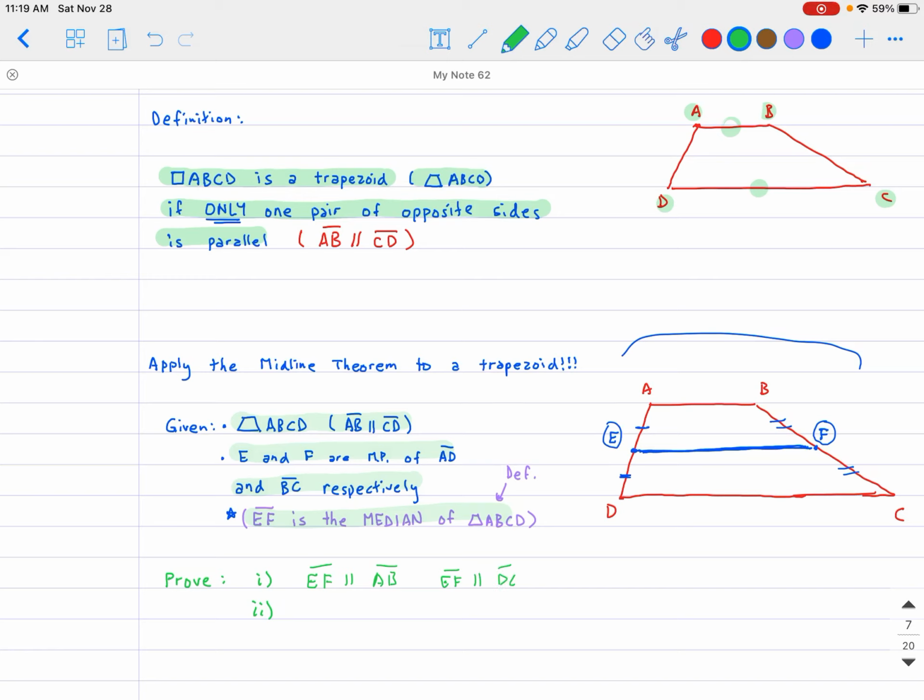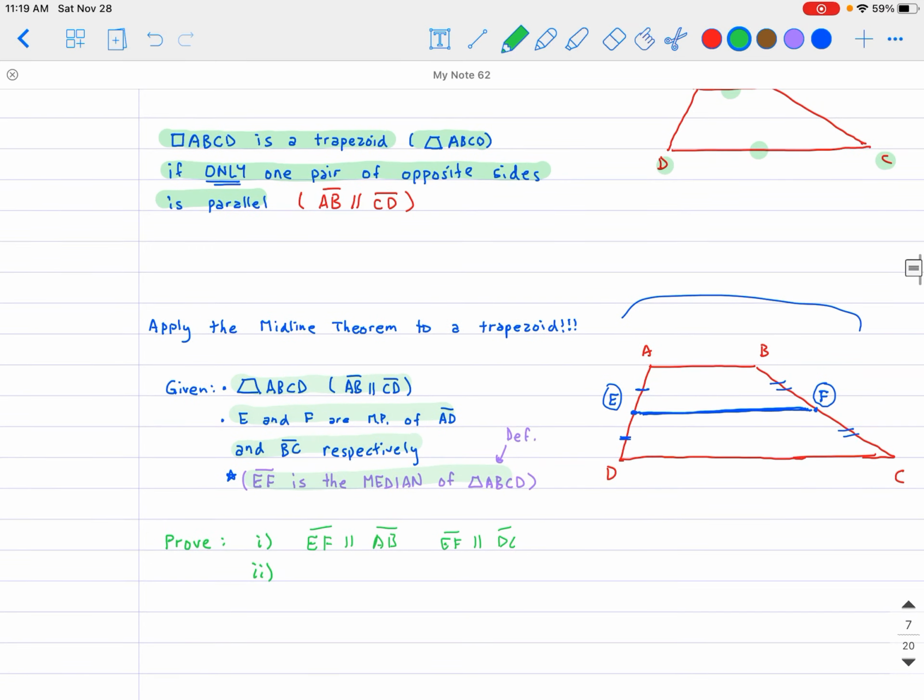In addition to that, and this one is not going to be as obvious, EF is the average of the two sides that it's parallel to. So that means EF is equal to 1/2 multiplied by AB plus DC.